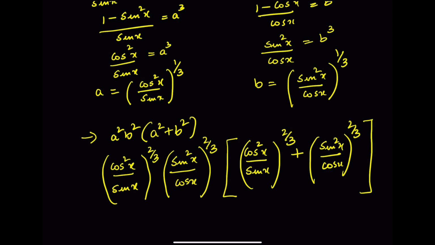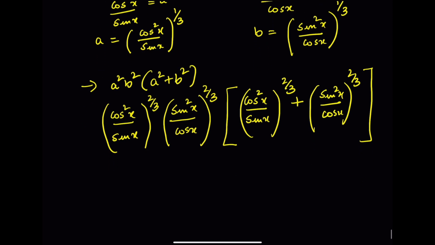Now let's start solving this. We would have, so if you notice here, the 2 by 3, there is cos and sine both in the denominator. So there is a chance that we can cancel out few things in the numerator, correct?